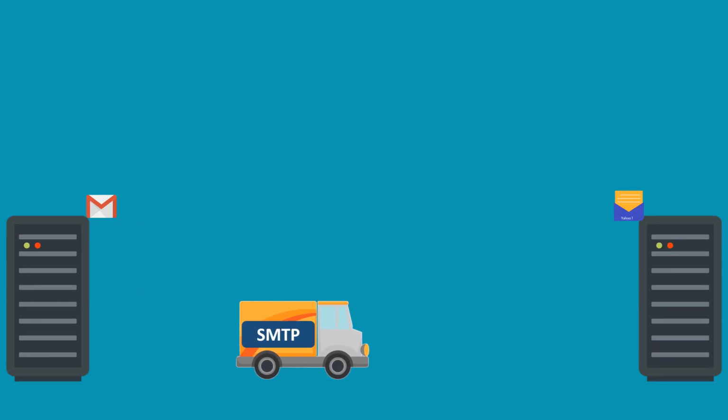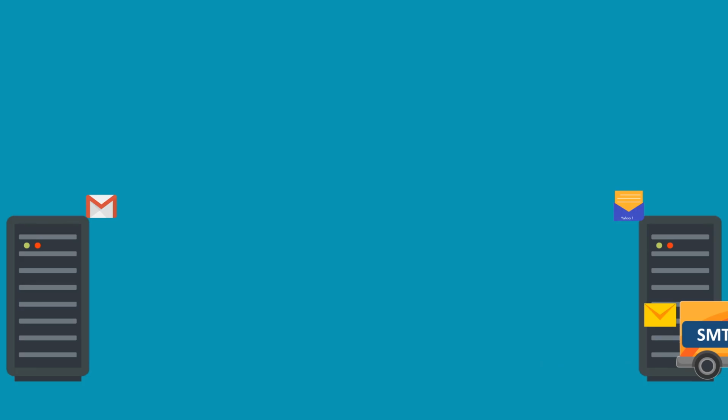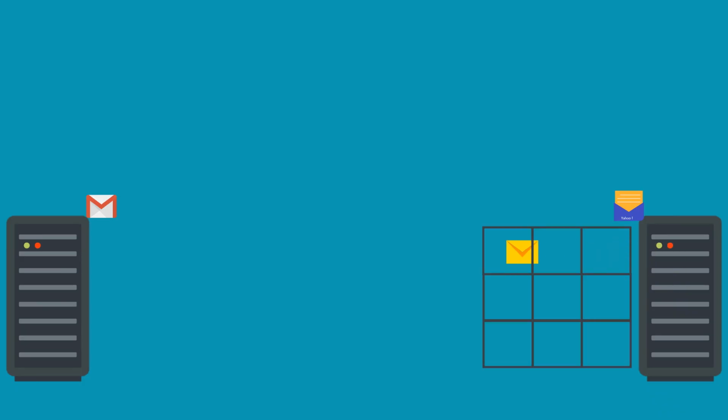The recipient's email server receives the email through SMTP. It performs checks, such as spam filtering or virus scanning, and then places the email into the recipient's inbox. Throughout this process, SMTP facilitates communication between servers, acknowledging successful message transmission and handling any errors or delays encountered along the way.